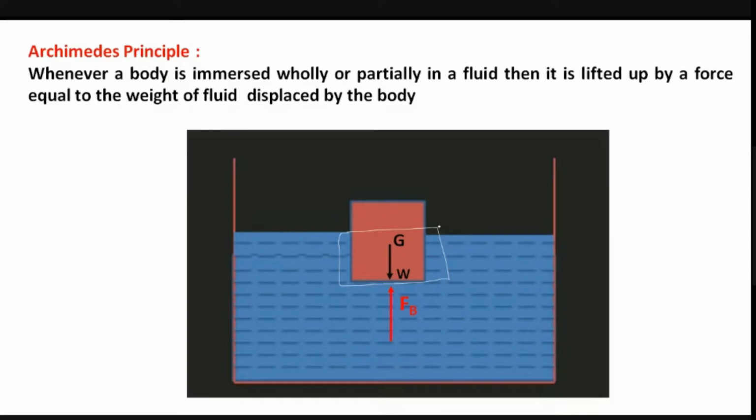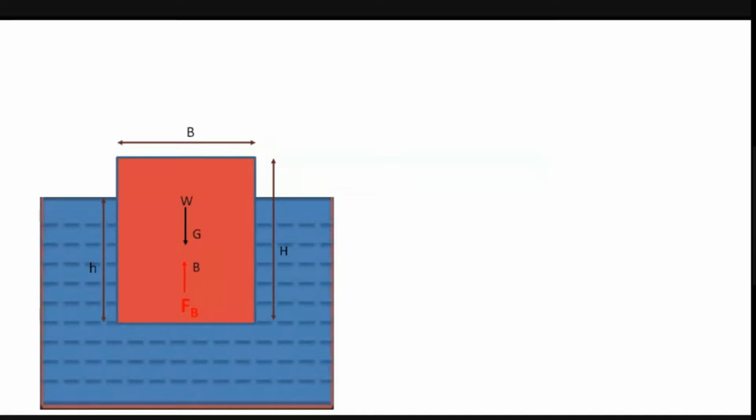Let's say I take one object having a width of b and a height of capital H, and I immerse it in the fluid only up to the height h, not the whole height. So it is partially immersed.